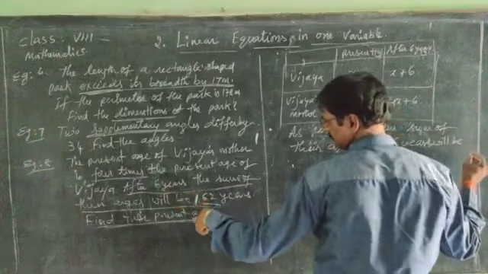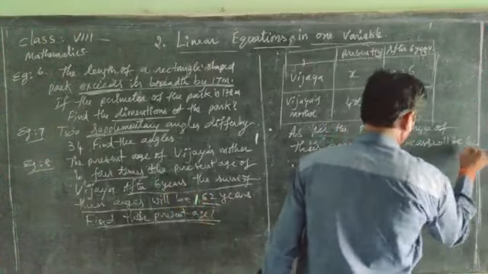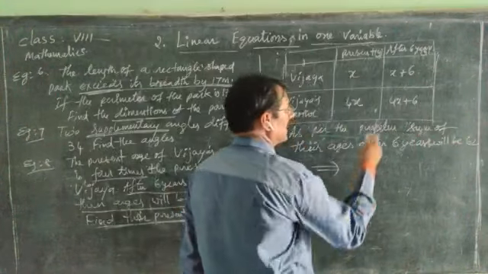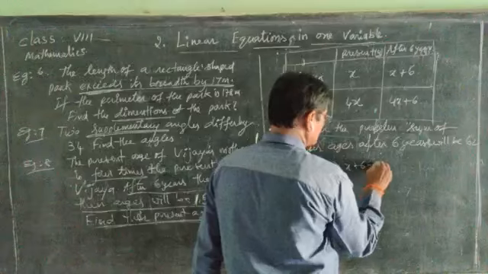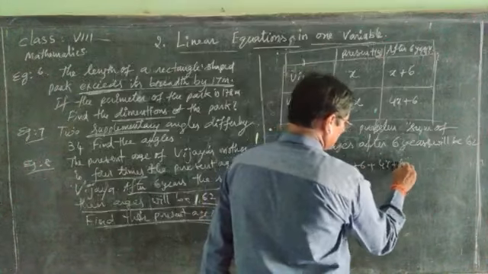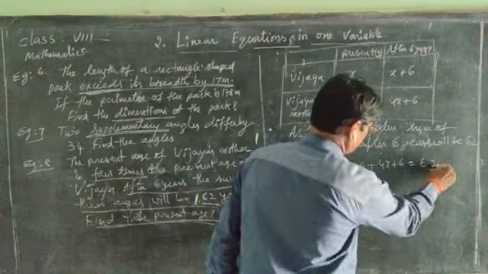Given 62. How to get the sum? By addition. x plus 6 plus 4x plus 6 equals 62.